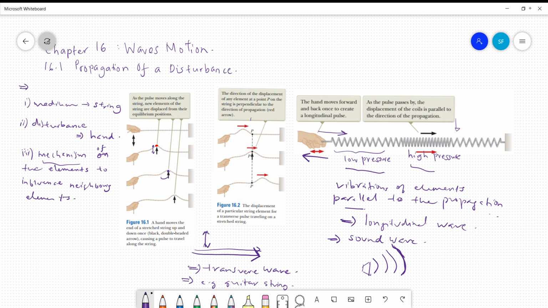The gap between the lines is the low pressure region. So this is a sound wave.